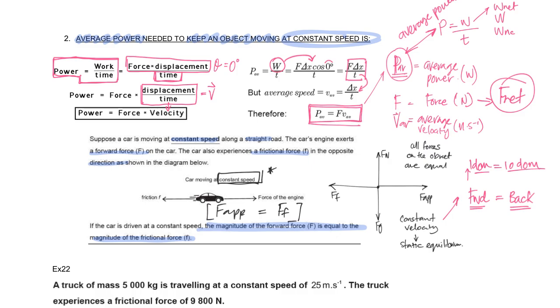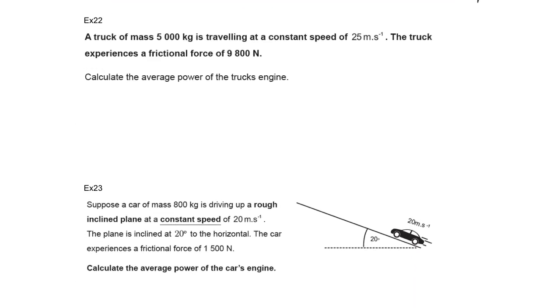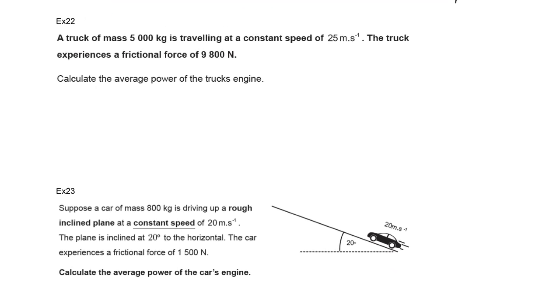Now let's look at the next little question. Example 22. It says a truck has a mass of 5,000 kilograms and is traveling at a constant speed of 25 meters per second. The truck experiences a frictional force of 9,800 newtons. Calculate the average power of the truck's engine.